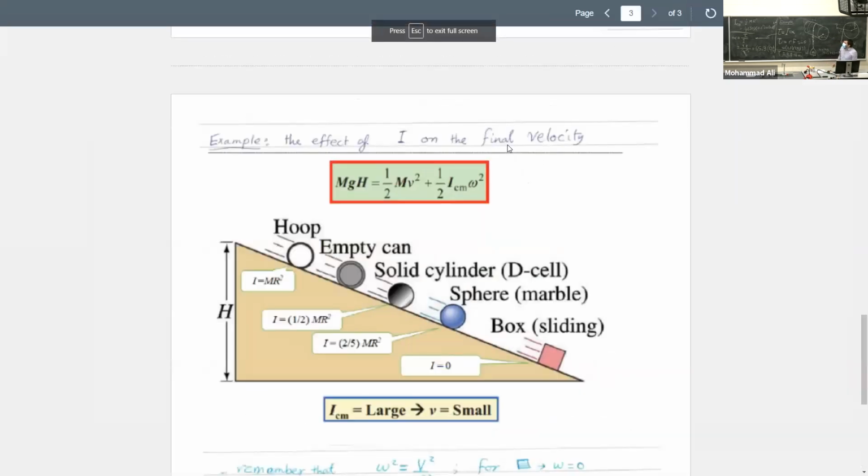If you look here, I think we applied and saw an example like this for a block and for a sphere in the previous lecture, when we found that the kinetic energy and the total energy is equal to 147 joules.